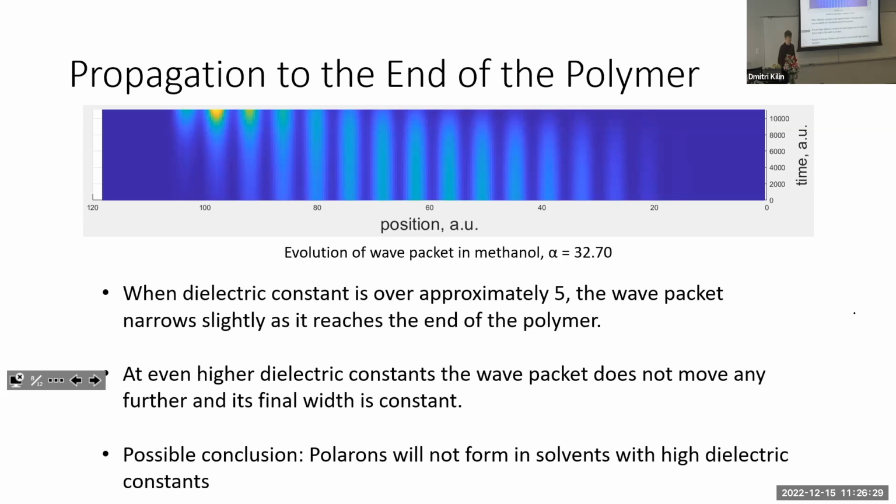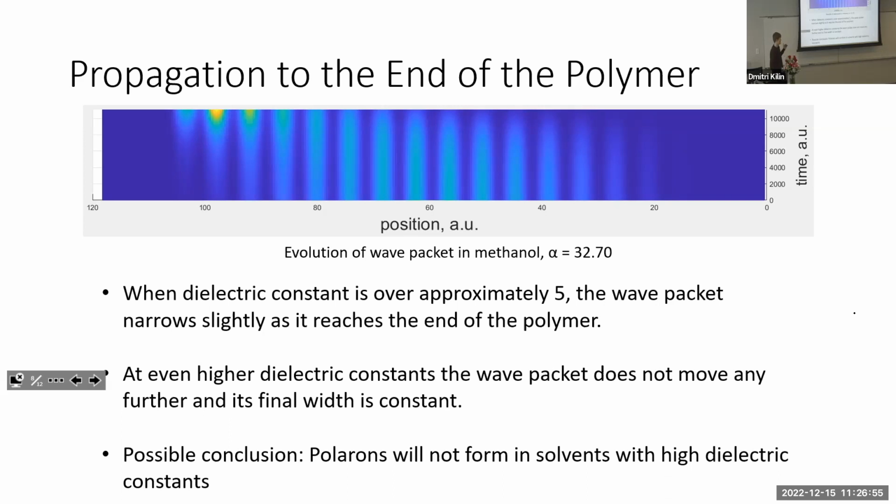I think of it as the wave packet getting squished up against the end of this polymer. But at really high dielectric constants, I saw between 8 and 19, which I know is a really big range, but somewhere in between there, it's constant.